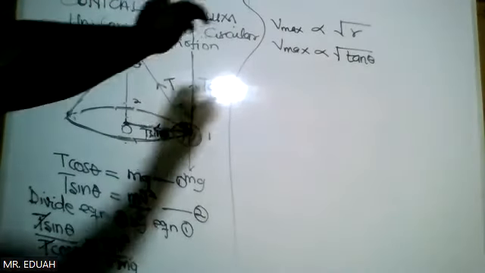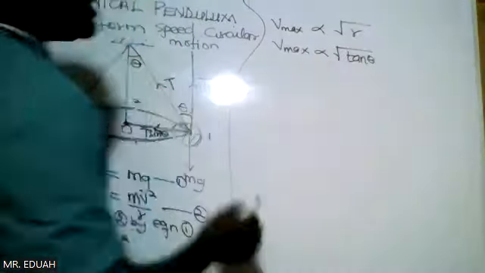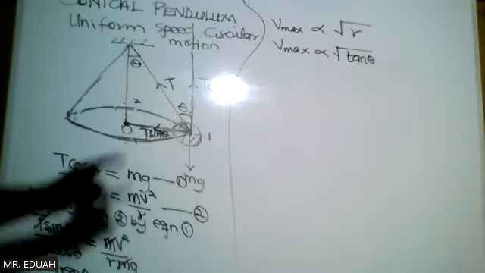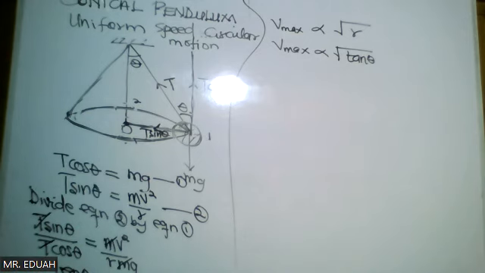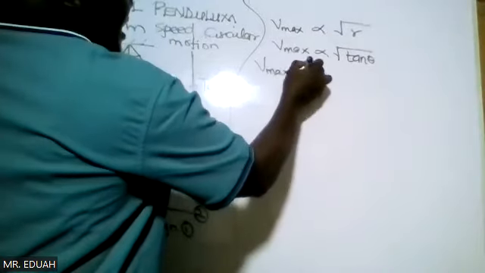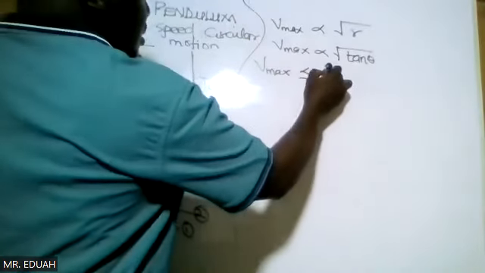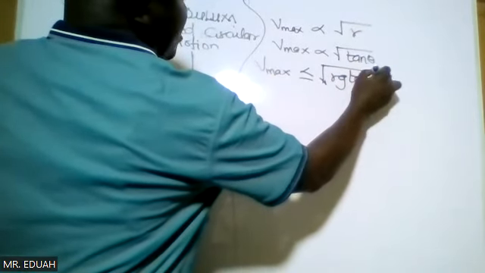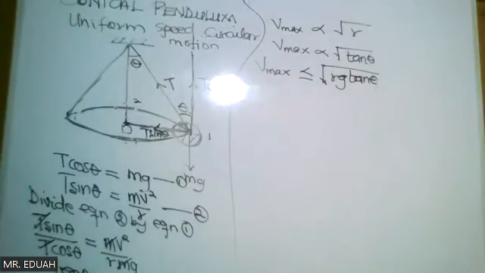So these are the variables that affect the magnitude of the maximum velocity. When the radius of the circle changes, it affects the maximum speed. When the angle changes, it also affects the maximum speed. So it means that V max must be anything less or equal to the square root of rg times tangent of the angle of tilt theta.